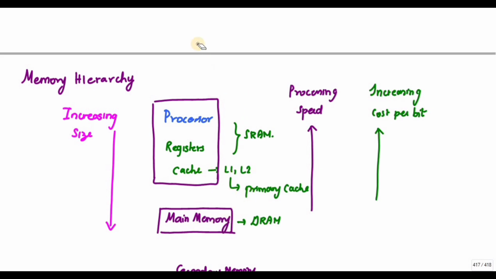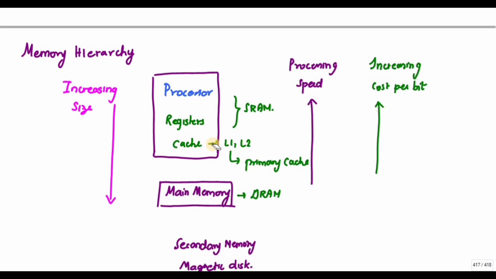Usually I can use only L1 and L2. L1 represents level 1. This one is somewhat bulky compared to the processor register, and it is slower compared to the processor register. L2 represents the level 2 cache.